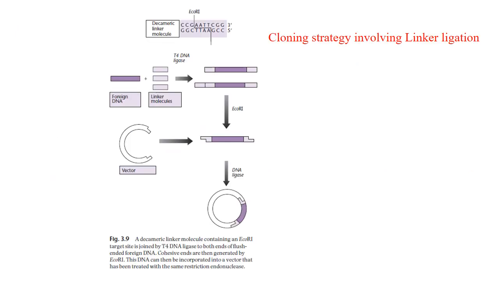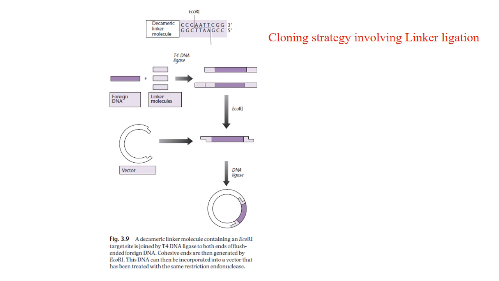Here, the cloning strategy involving linkers is shown. You can see linkers are double-stranded DNA which is cut using restriction enzyme. Then we get an overhang.